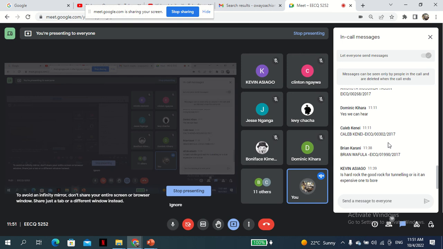So someone is asking, is hard rock the good rock for tunneling, or is it expensive? That question is not as simple as you put it, but we will see that the rock doesn't have to be hard. There are certain aspects.